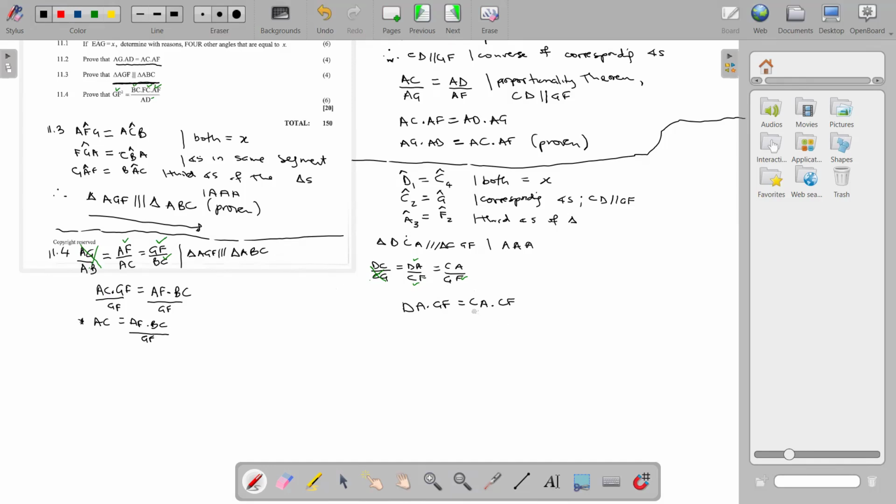Please divide both sides by CF because we want to leave CA alone. Divide here by CF, divide here by CF. So we are left with DA times GF all over CF must be equal to CA. If you check, we now have that which is equal to CA, and that which is equal to CA.